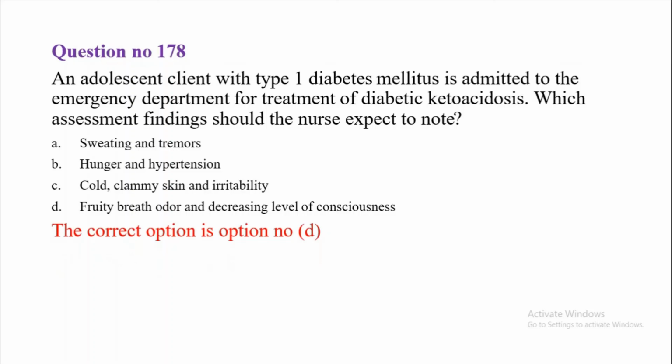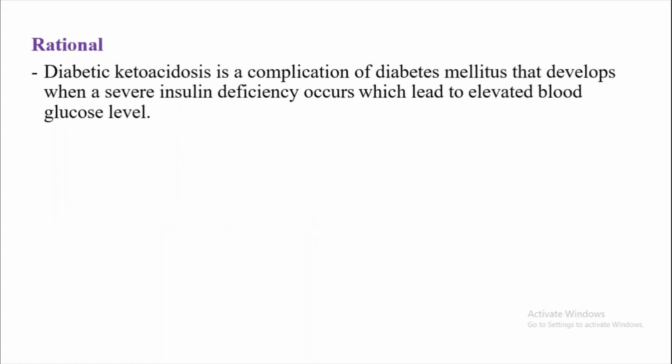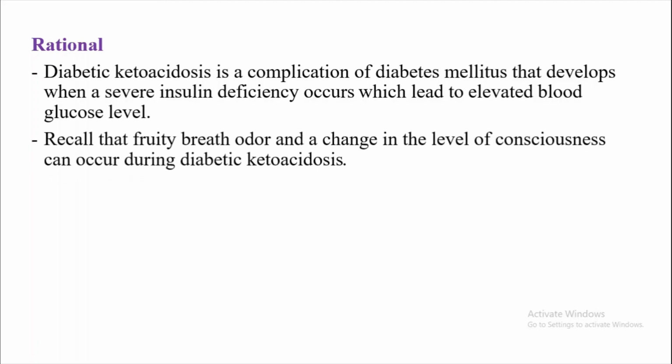The correct option is option number D, fruity breath and decreasing level of consciousness. Let's see the rationale. Diabetic ketoacidosis is a complication of diabetes mellitus that develops when severe insulin deficiency occurs, which leads to elevated blood glucose level.